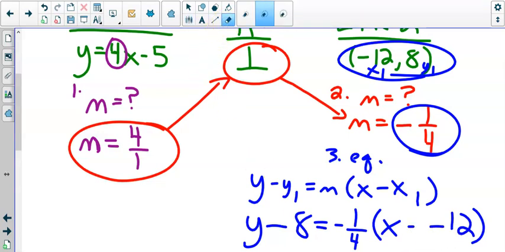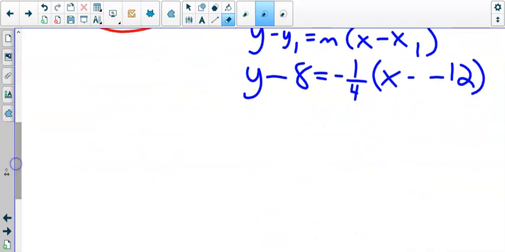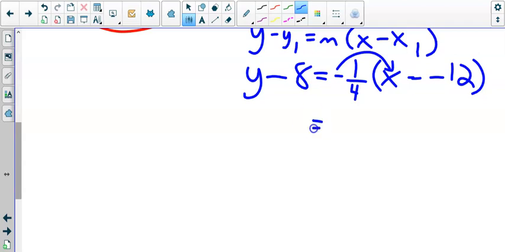All right. So, all we got to do is a little bit of rearranging. So, what's negative 1/4 times x? Negative 1/4 x. And of course, what's a negative by a negative? Positive, right? So what's negative 1/4 times 12?